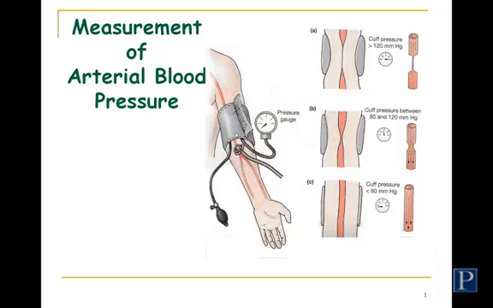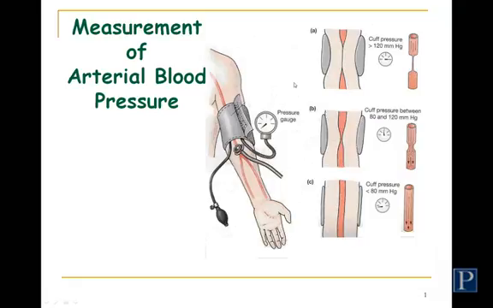What will happen is you're going to slowly let the air out of the cuff. As the air is let out, you'll notice there is no blood flow when the cuff pressure is above the patient's systolic pressure. But if you let the air out to the point where the cuff pressure is below the patient's systolic blood pressure, you will get flow through that vessel, but it will be pulsatile.